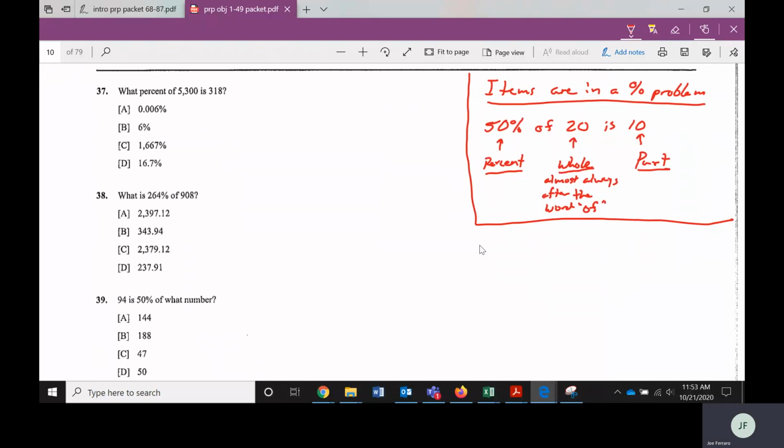There are 2 ways we're going to look at solving it. One is called the percent equation and its forms.